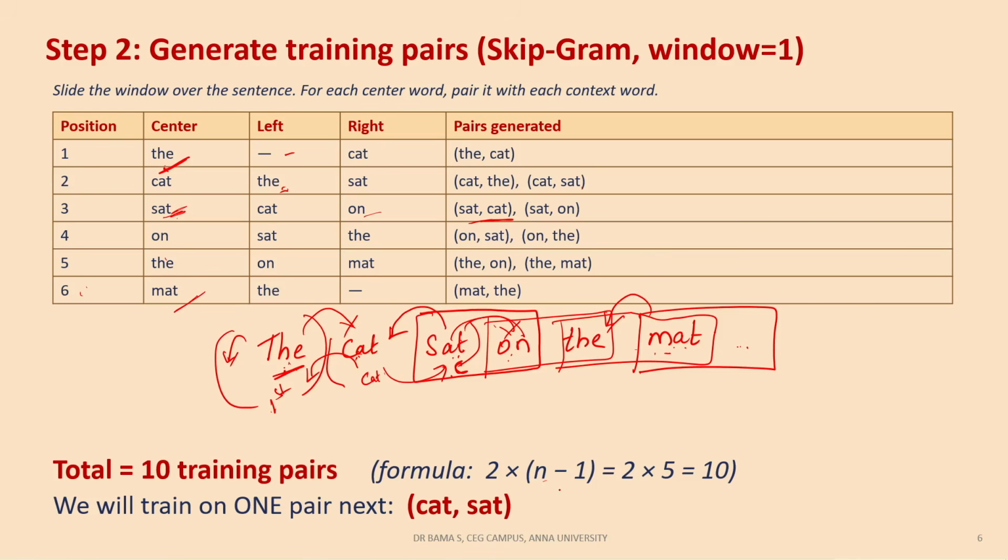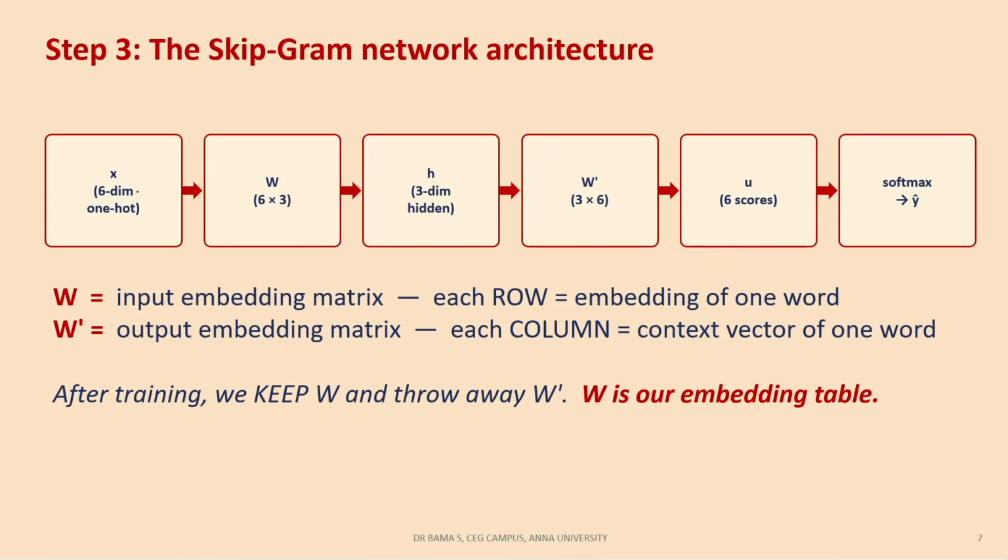Now, what we will do is take only one pair and see how the training occurs. Let us take cat sat, where the center is cat and the right is sat. How does the training occur? This is the skip-gram that we are going to follow, where the X is the 6 dimension one hot vector that we have seen here.